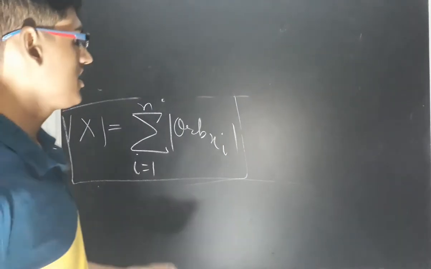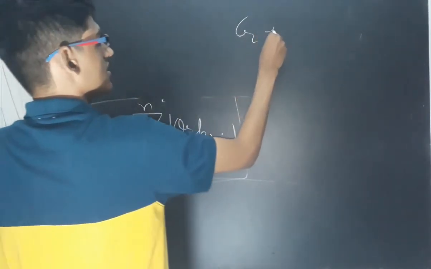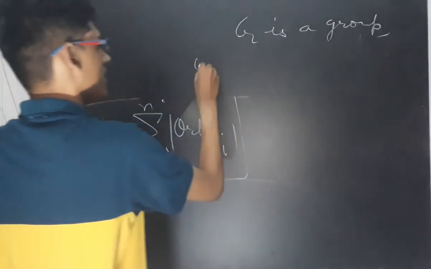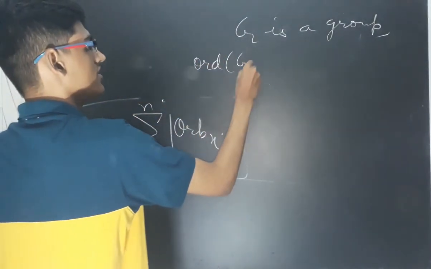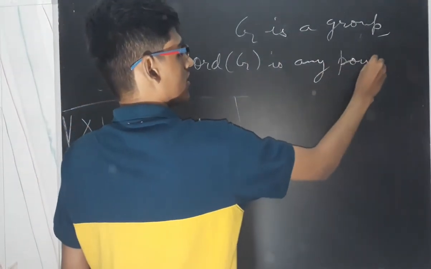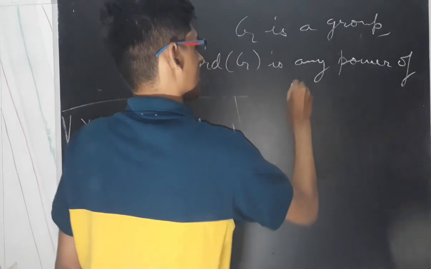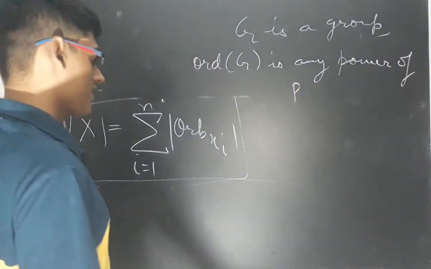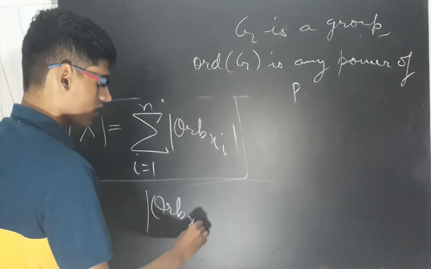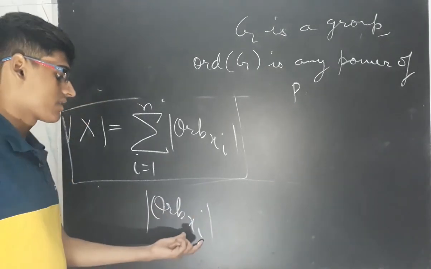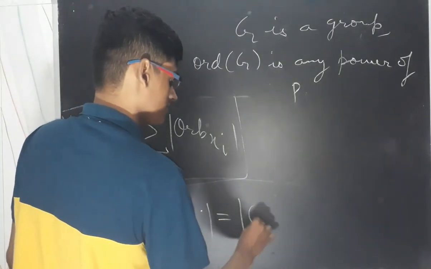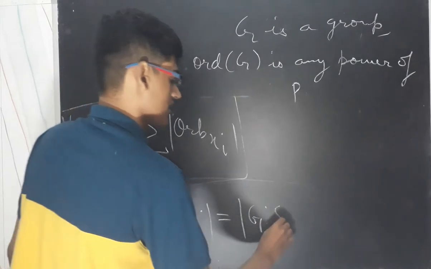We know that G is a p-group. That means the order of G is some power of p. By the orbit-stabilizer theorem, the order of the orbit of the representative xi is equal to the index of the stabilizer of that representative.